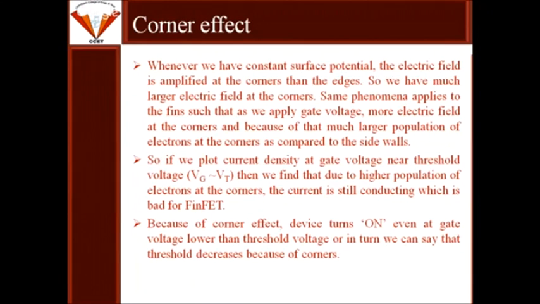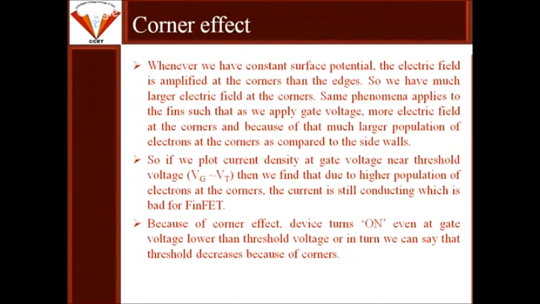We want the FinFET to act as a switch. When VGS is less than threshold voltage, the device should turn off, and when it is around VDD, it should turn on.